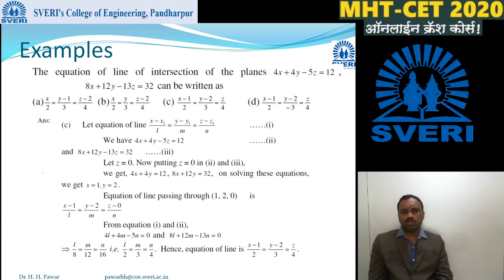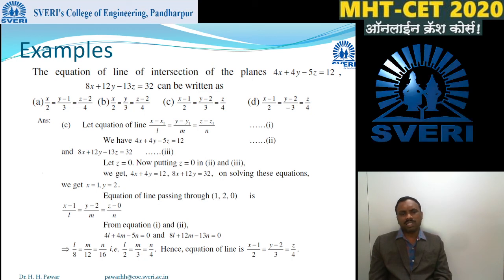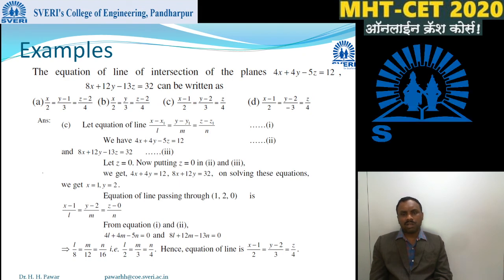Here, for a shortcut, if you find the point (1, 2, 0) on the line, just put it in the given options and check which one gives us 0. If you put it in option 1, definitely it is not equal to 0, as it gives 1/2 equal to 1/3, which is not correct. Again, the second option also gives 1/2 equal to 2/3, which is also not correct.